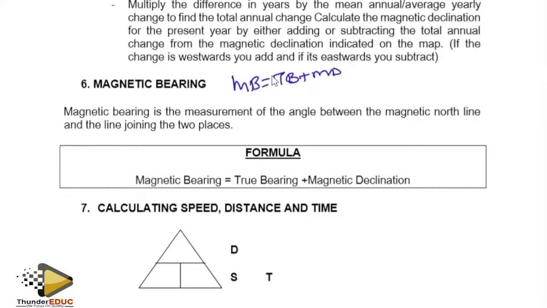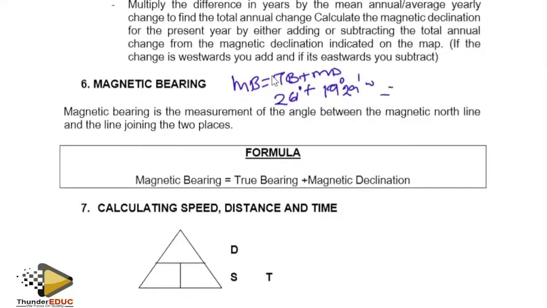What is the value for true bearing? We said it was something like 261 degrees plus, what is the magnetic declination? We have just calculated it and we said it is 19 degrees. How many minutes? We said it is 29 minutes west.